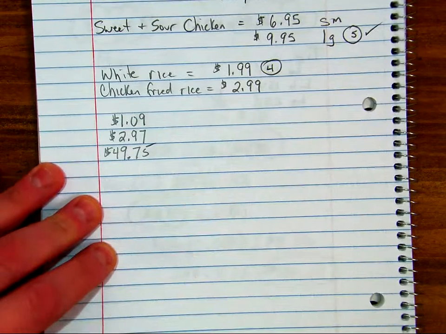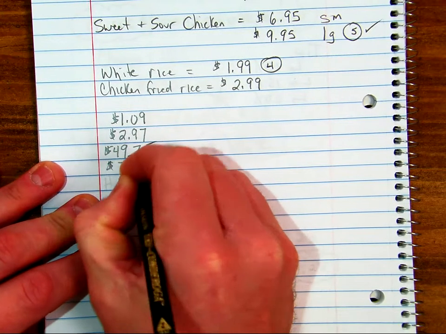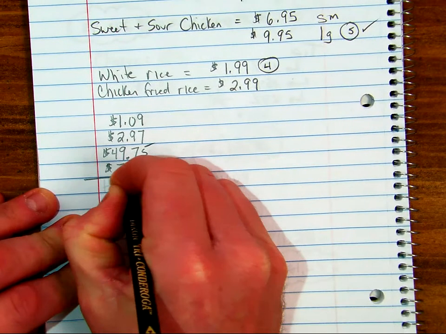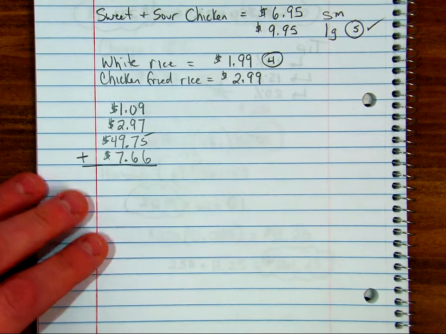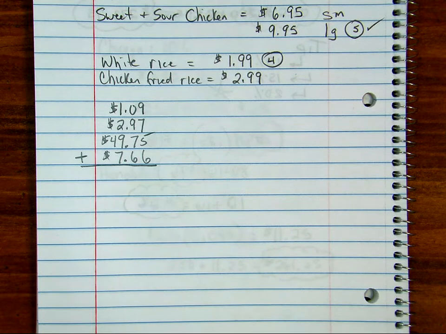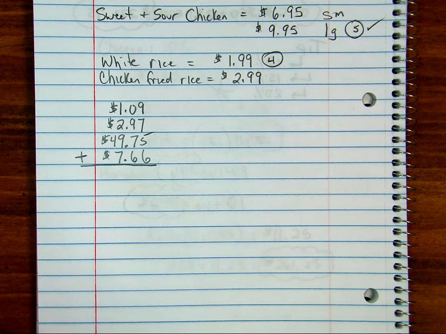Now, what we need to do is figure out our subtotal. So I need you guys to add all those up for me, please. And what did you get, Luke?